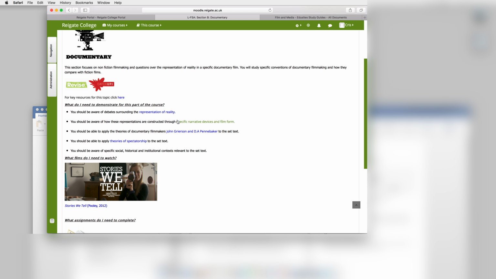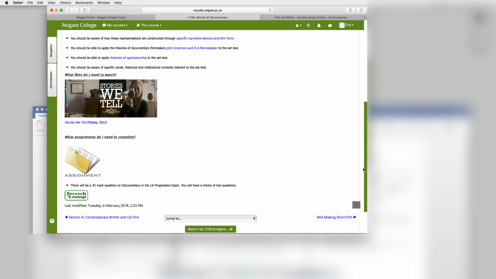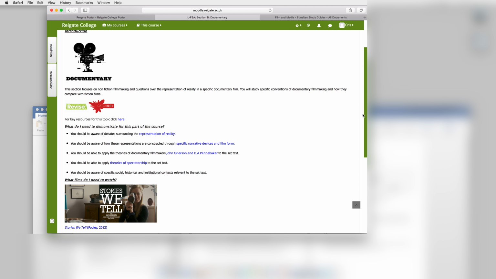So it mentions Grierson and Pennebaker there, debates surrounding representation of reality, specific narrative devices and elements of film form, including modes of documentary, also some theories of spectatorship in relation to documentary films, so the ideas on preferred readings, negotiated readings, oppositional readings would also be useful for this part of the progression exam.